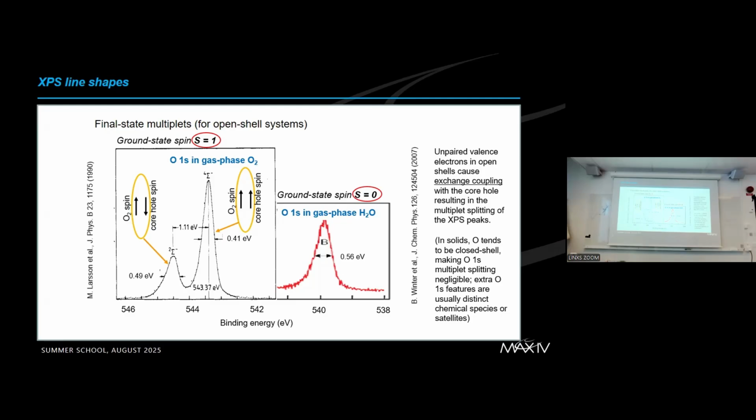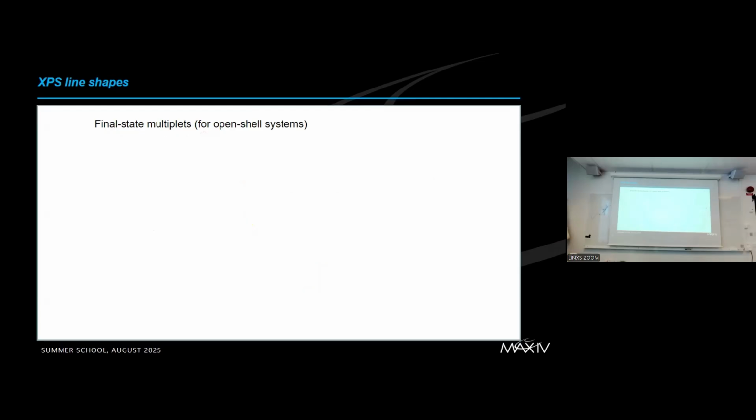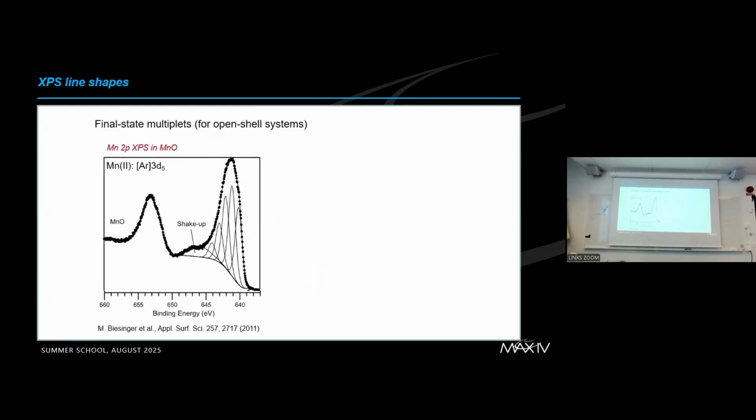But of course, this is not visible only in s states. It's actually more visible in 2p and 3d states. This is in solids, for example. This is manganese 2p XPS in manganese oxide.